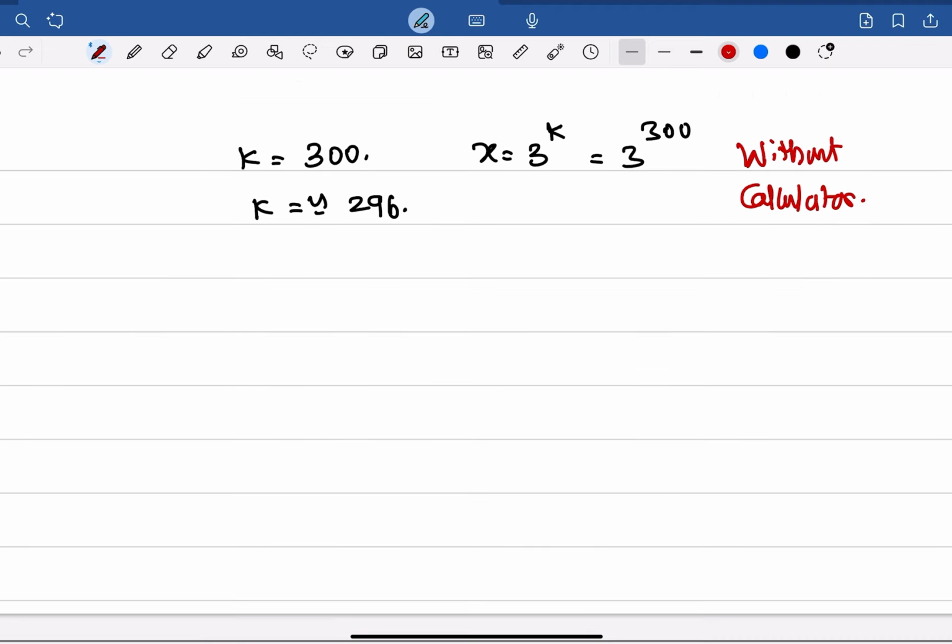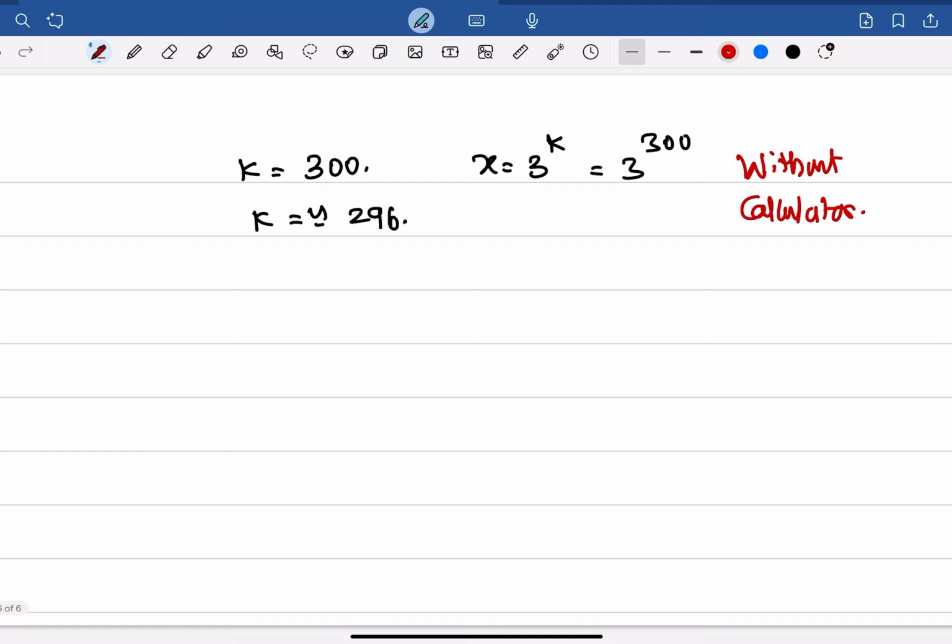That means the value of x, if you want exactly, is also an approximation. Near approximation is x equal to 3 to the power of 300. Otherwise, it can be x equal to 3 to the power of 296.